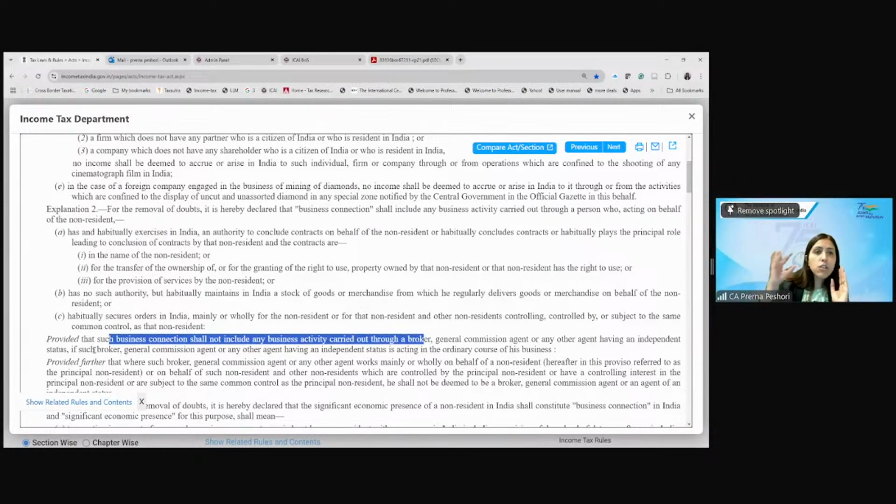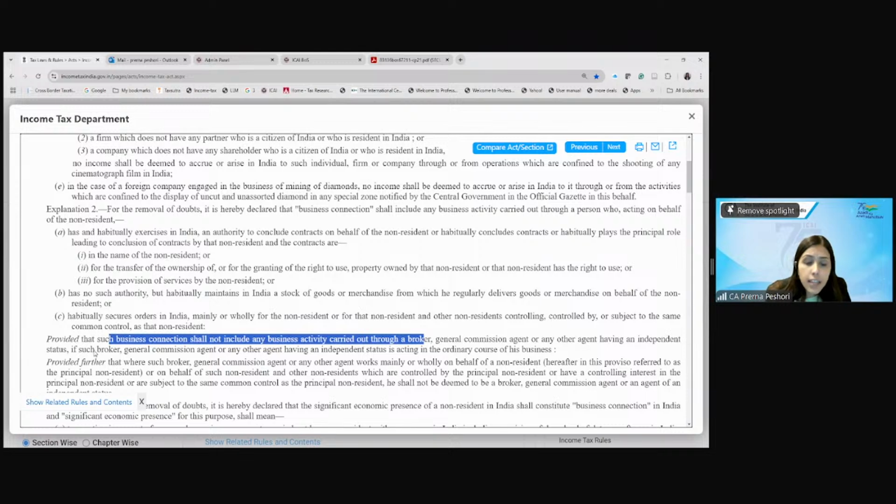That the business connection term will exclude the agent who is operating as an independent agent. Independent agent means that he is working for multiple principals and not for only one principal, and who is acting in the ordinary course of business. That in the regular course of business, he enters into contracts with multiple non-residents and therefore he is an agent of independent status. If he is working only for one principal, it means that he is a dependent agent.